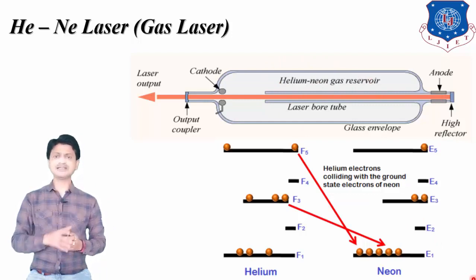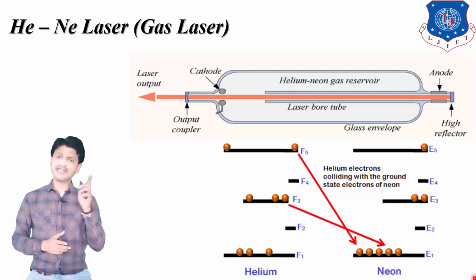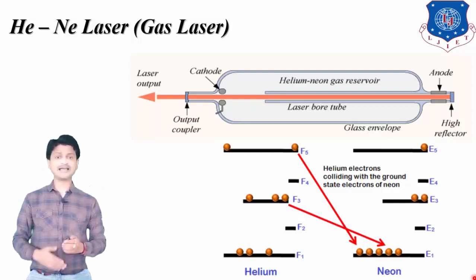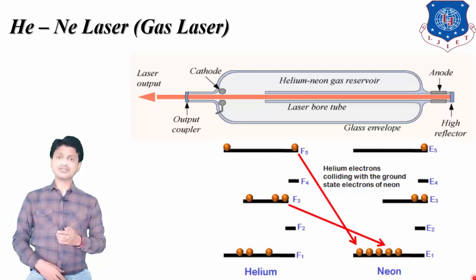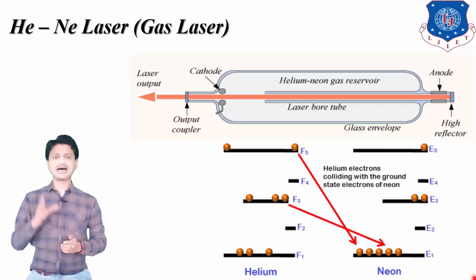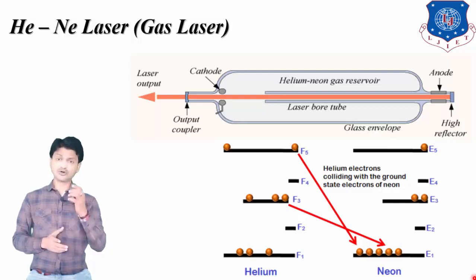The gas mixture in the HeNe laser is mostly comprised of helium atoms. So when the power is switched on, a high voltage of about 10 kilovolts is applied across the gas mixture. This is enough to excite electrons in the gas mixture. The electrons produced in the process of discharge are accelerated between the electrodes through the gas mixture.